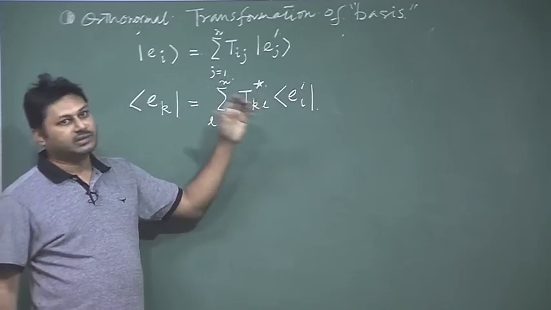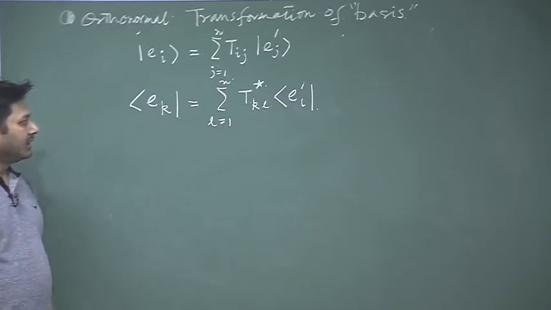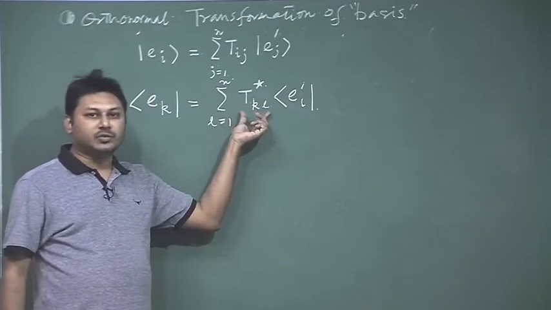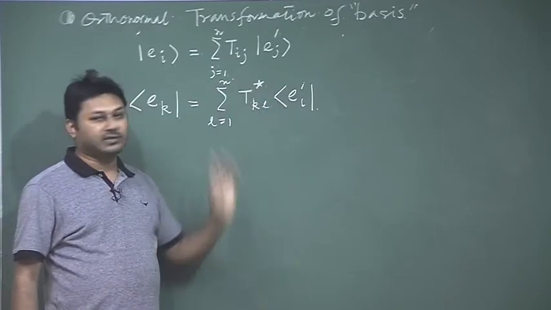So it is just changing the dimension from row to column. Also this has to be multiplied with this, so I need to put a complex conjugate of that. So that is why it is there.